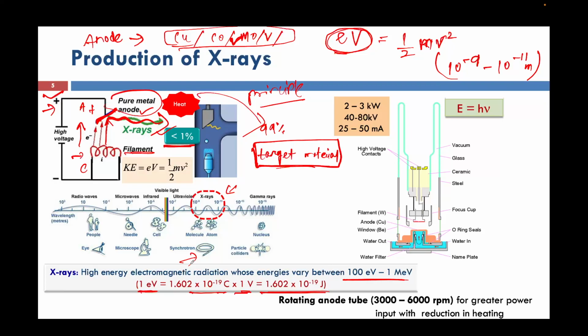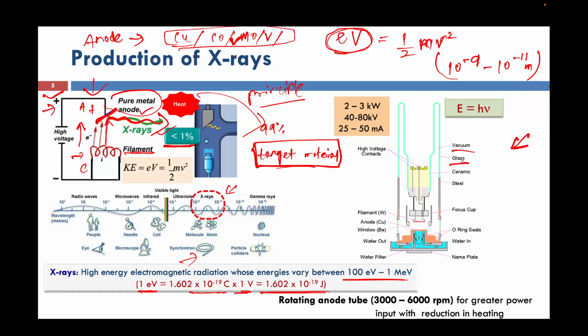So this is the basic principle of generation of X-ray I told, and this is a little bit complicated schematic of this X-ray tube. Since electrons can be scattered by gas molecules and different particles in the air, a vacuum chamber is needed, and it has been sealed by glass.